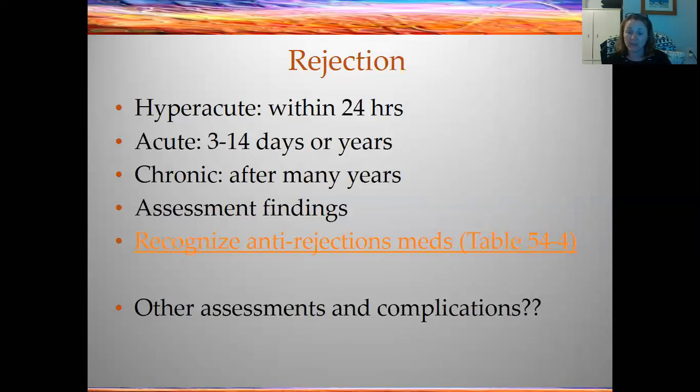Chronic is going to be after many years. So even if you've had a transplanted kidney for a long time, you can still reject it anytime. As long as life goes on, it's still a foreign object, so it could still happen after many years. What happens with rejection is that the immune system sees that transplanted kidney as a foreign object, and it tries to reject it, tries to get rid of it.